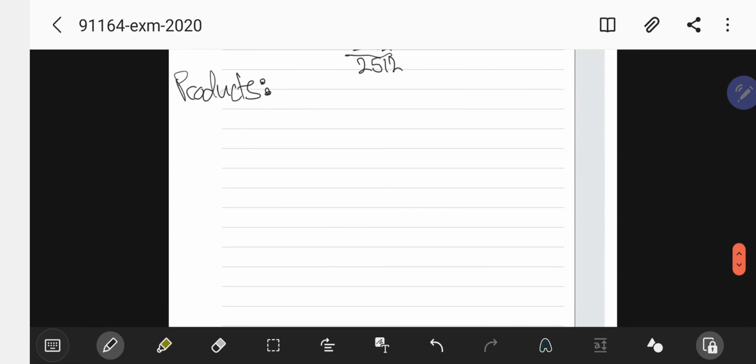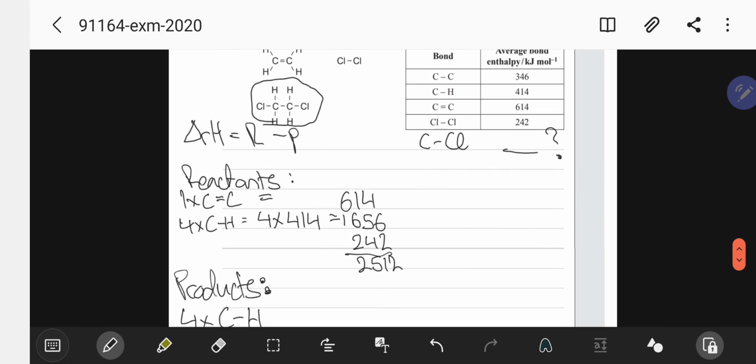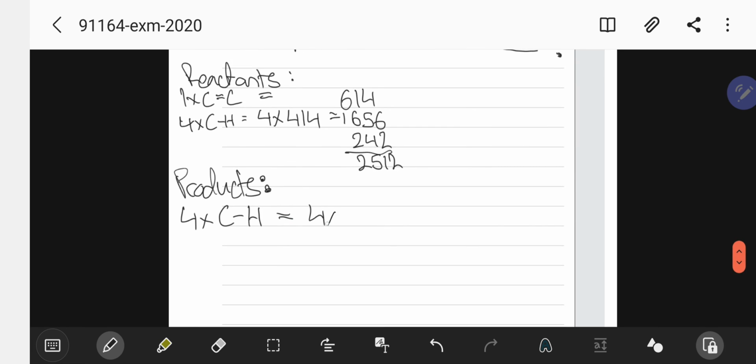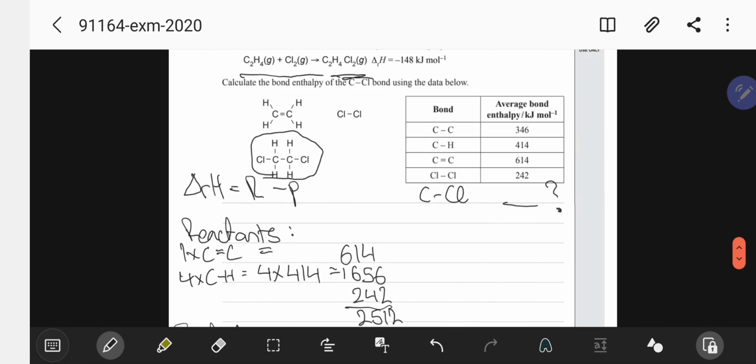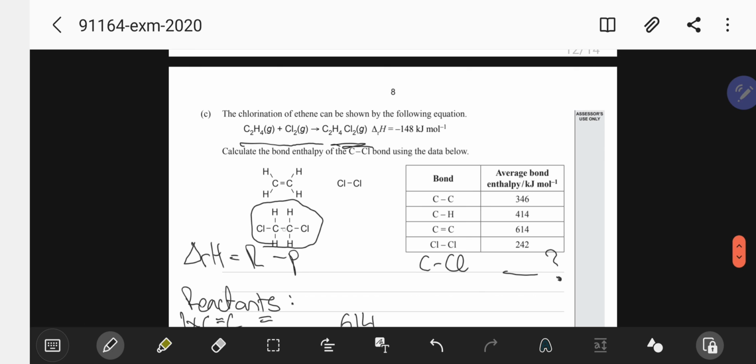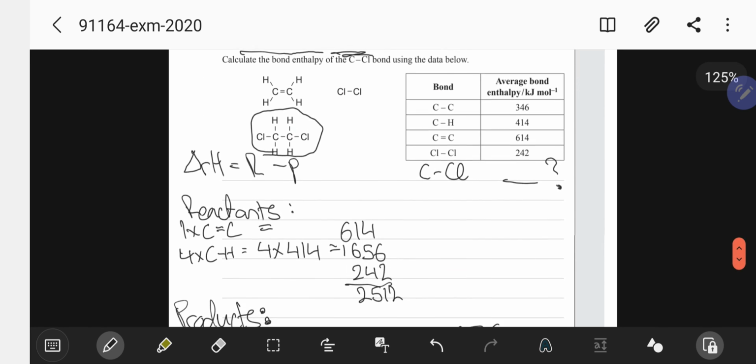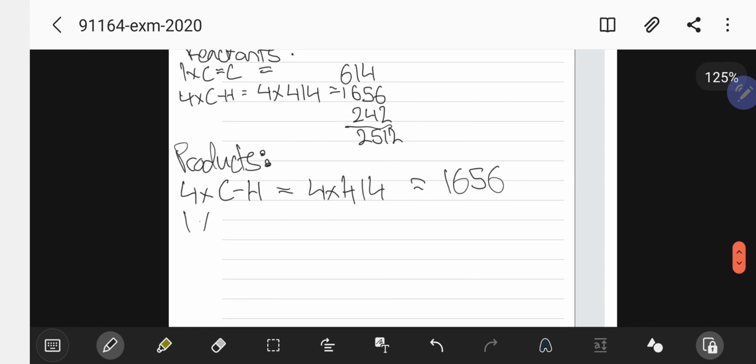So we've got 4 times C-H, and our C-H is 414. 4 times 414 equals 1656. We've got 1 C-C bond, 1 times C-C equals the C-C bond of 614.